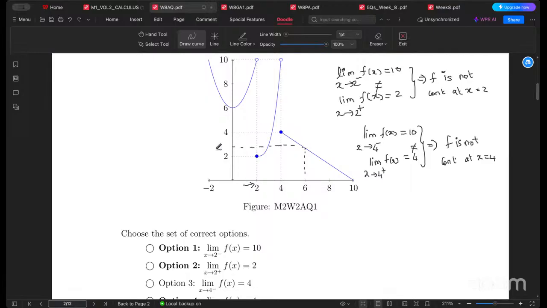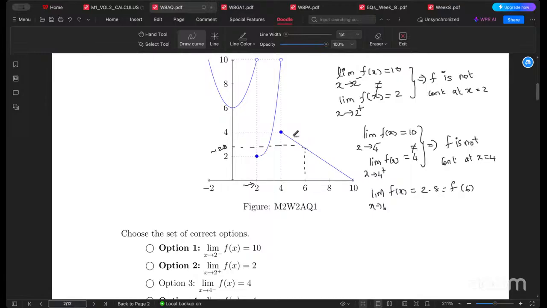It must be something like 2.3 or 2.8 maybe. So you see that limit x goes to 6, f of x is approximately 2.8, and that is actually f of 6.